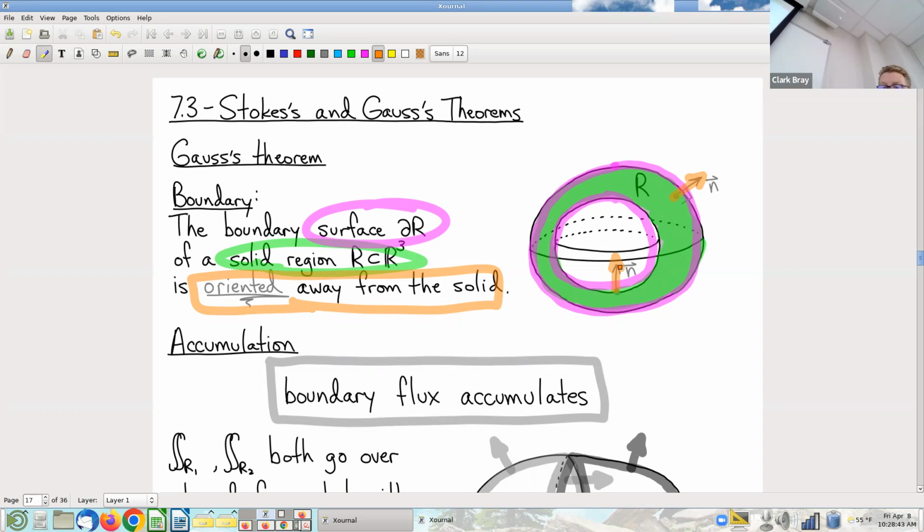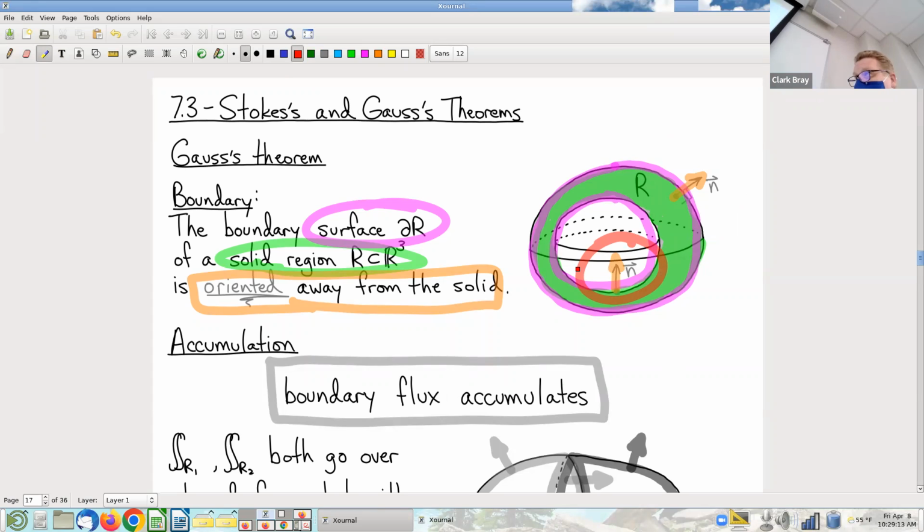So now this is another one of these things that's very often mistaken, very often misrepresented. It's very often told that the boundary is always oriented outward. And you see from this example here, it's not, right? On the outside part of the boundary, yes, away from the solid means outward. But if there is an interior piece of boundary, it is not outward.